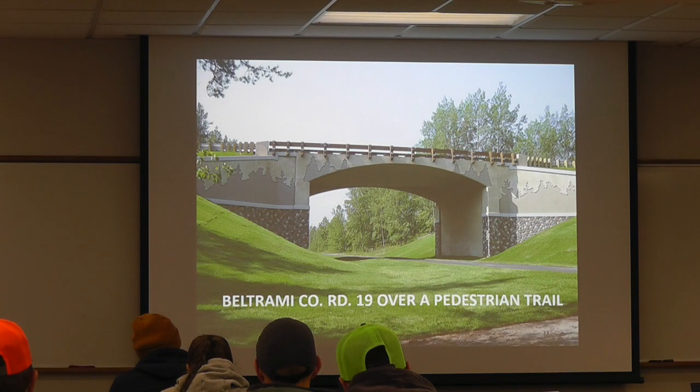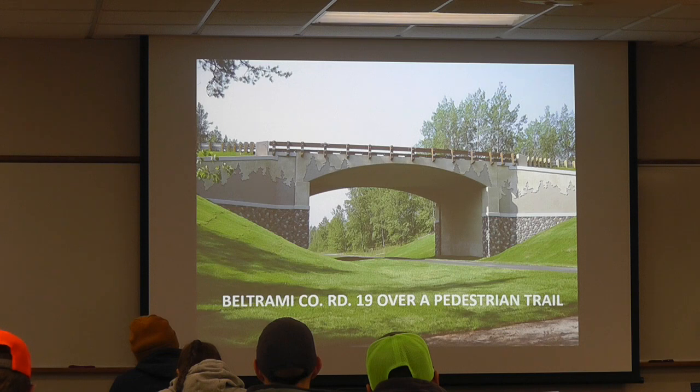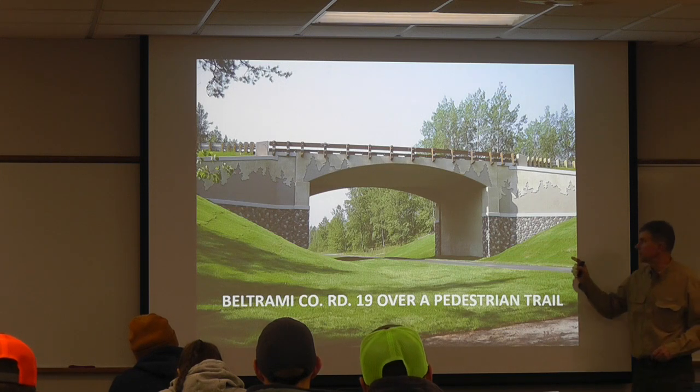This one has a lot of aesthetics on some abutments. This is Beltrami County, a pedestrian trail up there. Quite a bit of aesthetics going on here. Melissa will talk on Friday about the requirements for aesthetics.